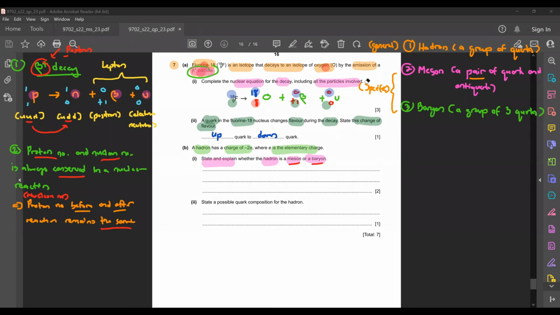Okay, so let me rewrite this. They're actually more specific classifications for group of quarks because they will tell you how many quarks are required and whether they should be quarks or antiquarks. Okay, so now what the question mentioned is that you have a hadron, which is a group of quarks, and they carry a charge of -2e. State and explain whether this hadron itself is supposed to be a meson or baryon.